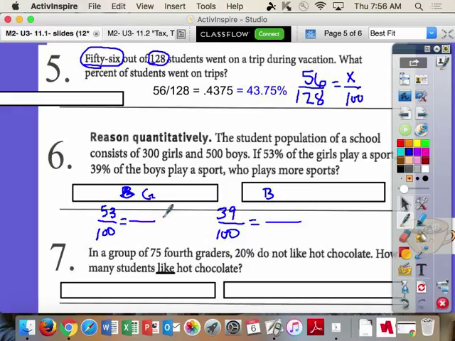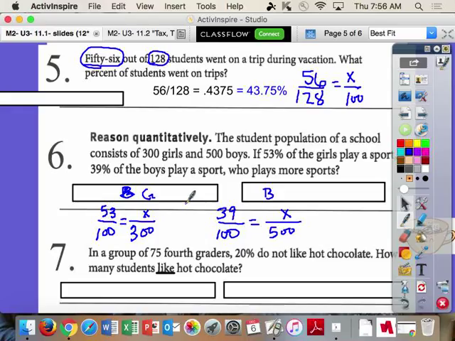All right. Now, how many total girls are there? 300. How many total boys? 500. We don't know what each percentage is. That's what we're trying, I'm sorry, the number who play a sport is for each. So that's what we're trying to find.